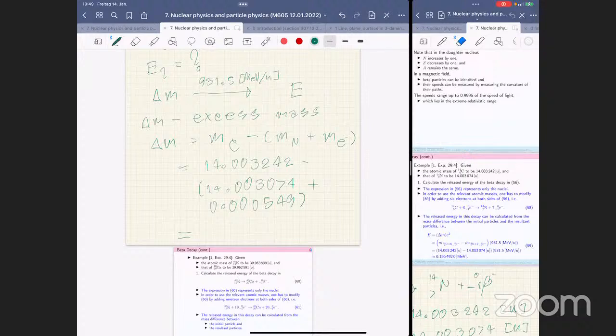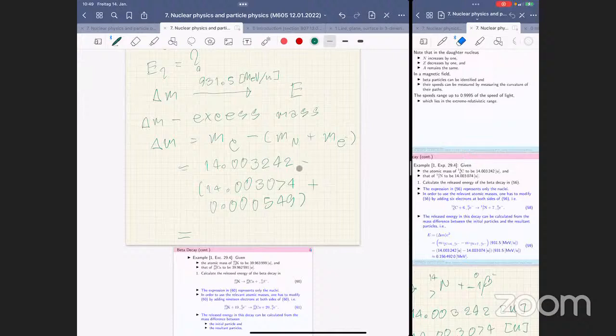Why? The mass of that thing. Oh, okay. We assume that we don't need to add the mass of the electron at all.